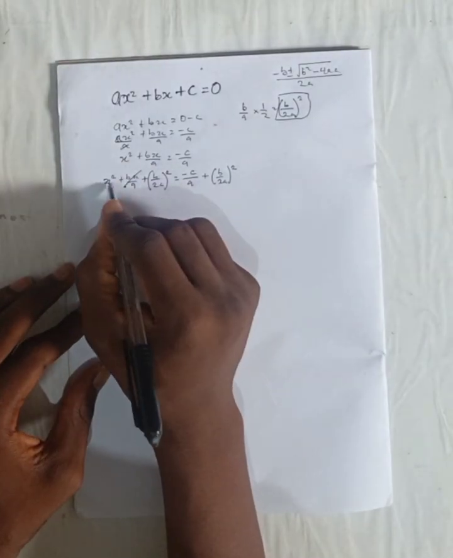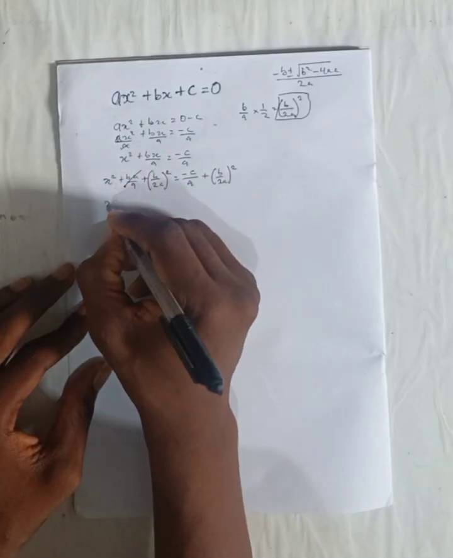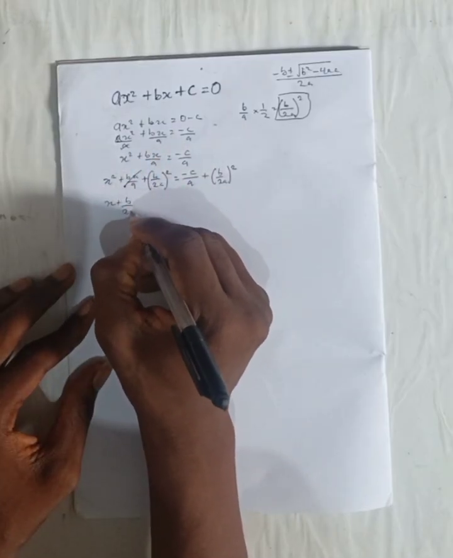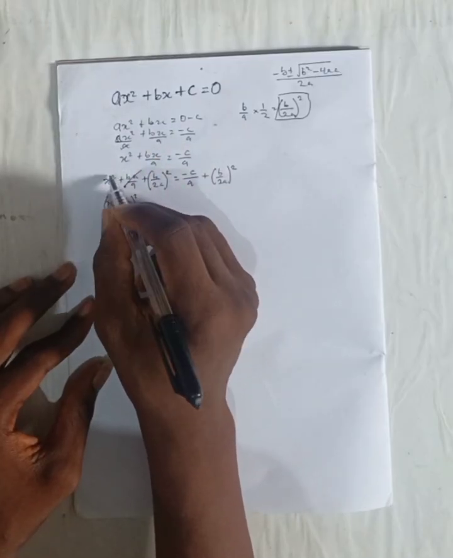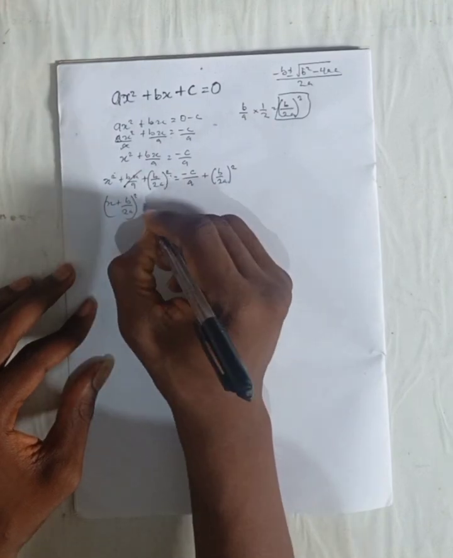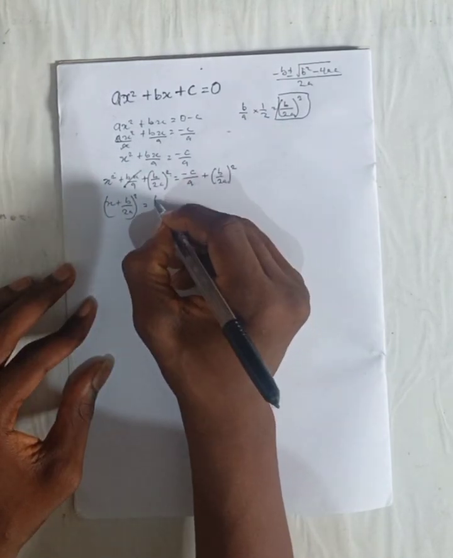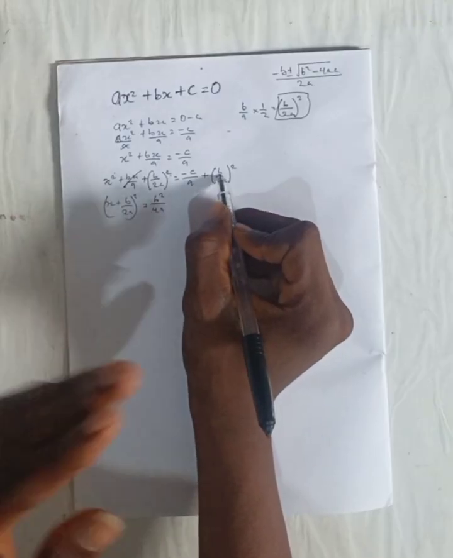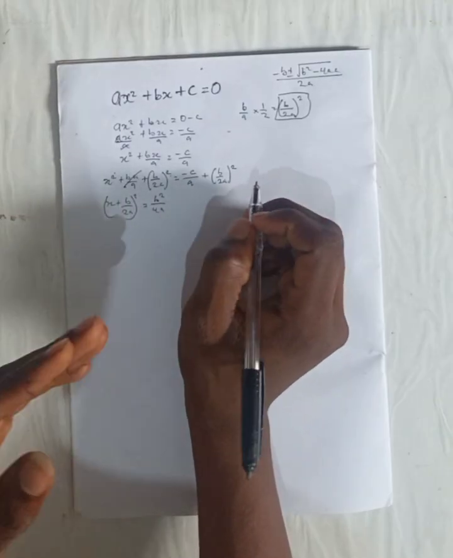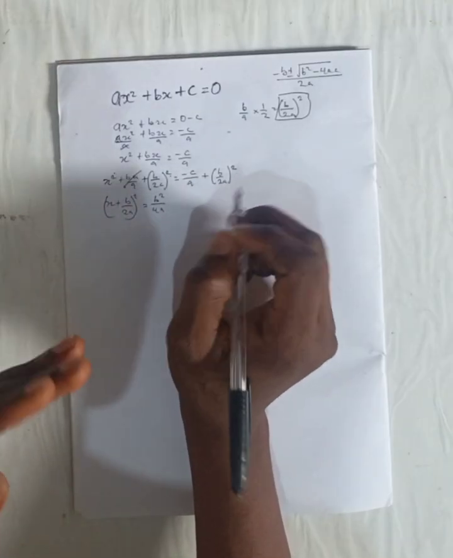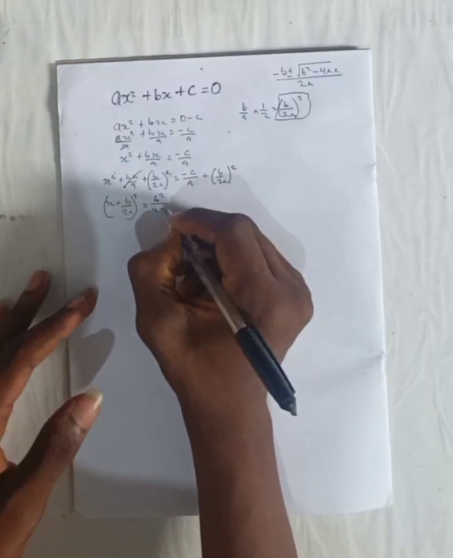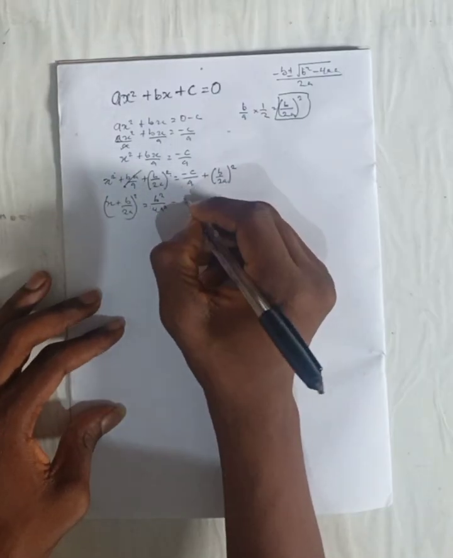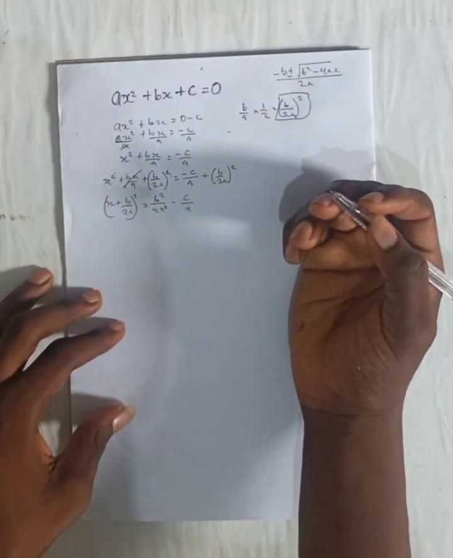We're left with, if this joins together, x plus b over 2a all squared, because we have a square here and we have a square here, equals, if you square this, we have b squared over 4a squared, because the square of b is b squared, the square of 2 is 4, and the square of a is a squared, minus c over a.